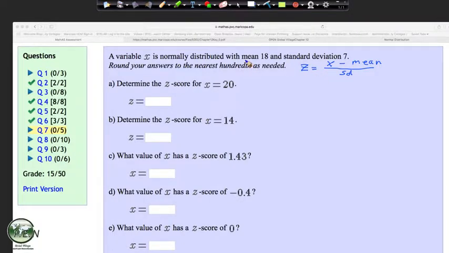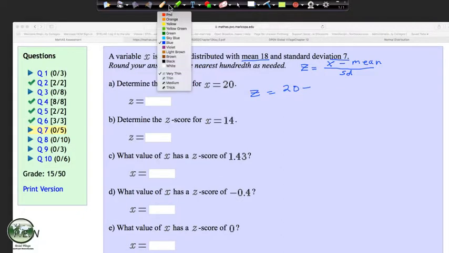Again, in the beginning, they will always give you the mean and the standard deviation. For all of these problems, that's not going to change. Okay. So the first question, we're given a data value of 20. So we say that z is going to be equal to 20 minus the mean, which they gave us was 18.